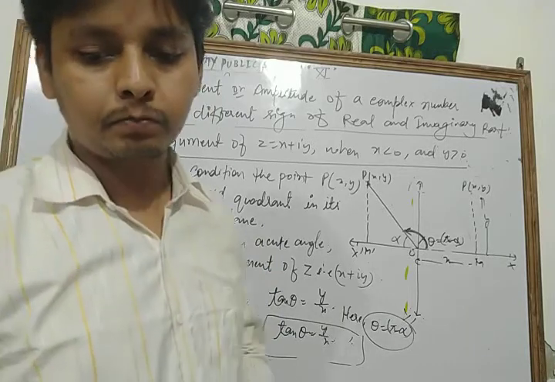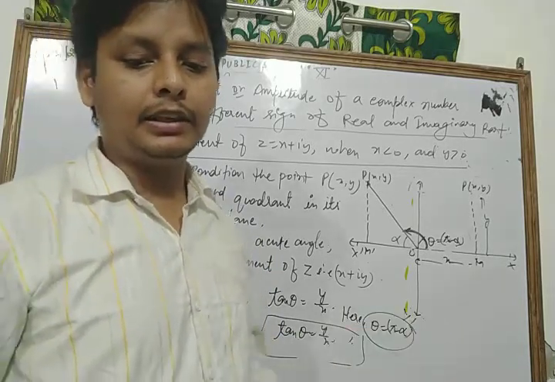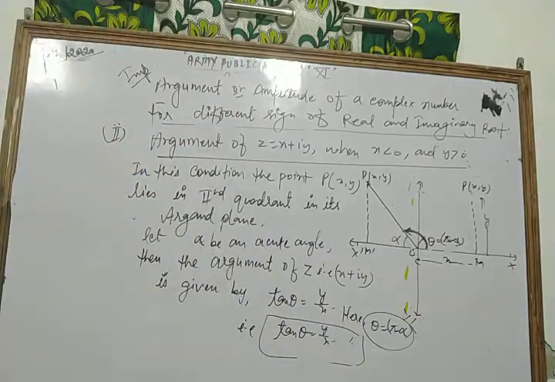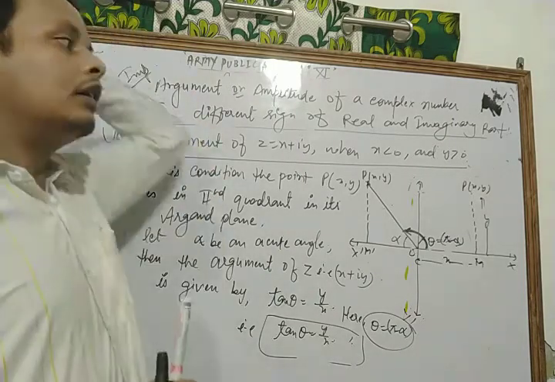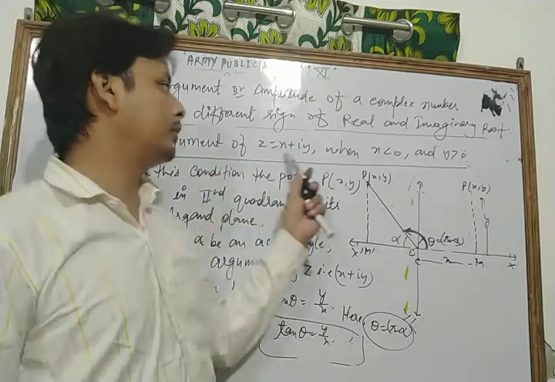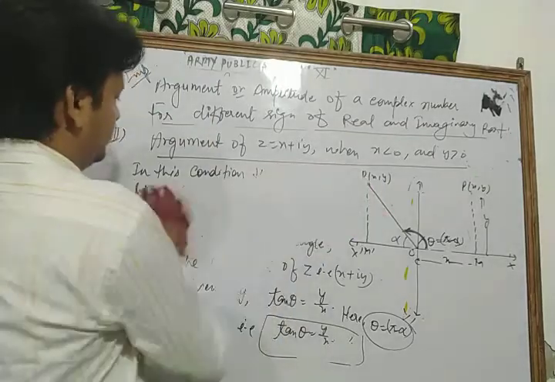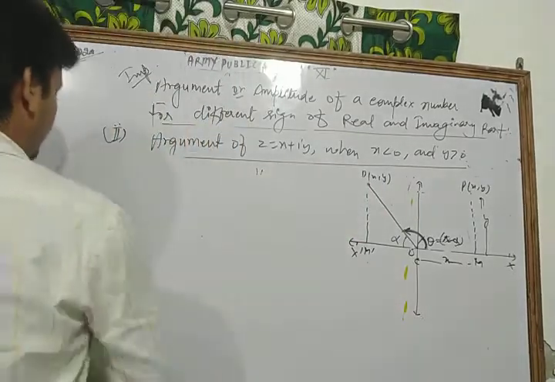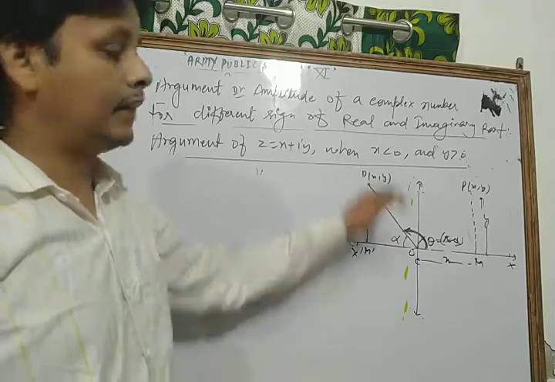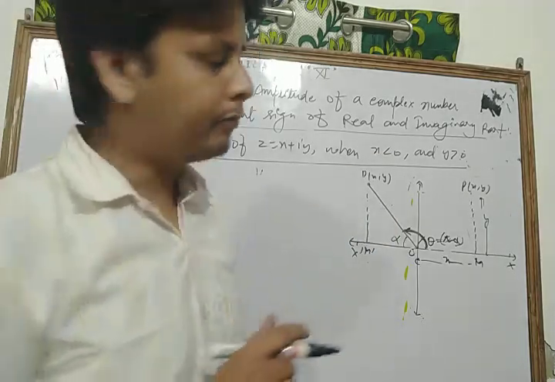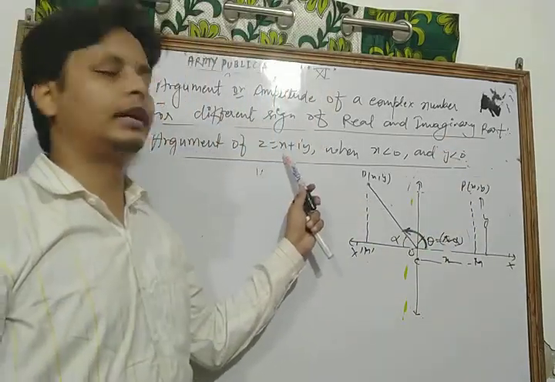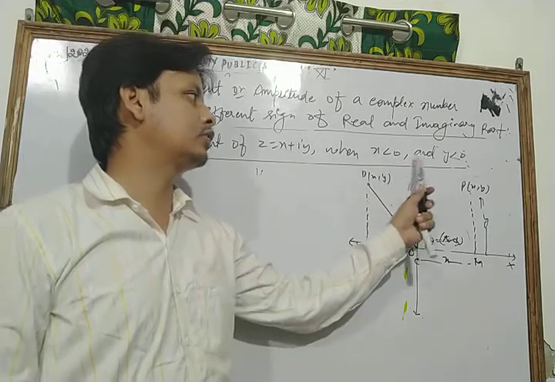Now dear students, the next thing is that here we discuss two conditions. Suppose we discuss the argument of any complex number z = x + iy when x is less than 0 and y is less than 0.